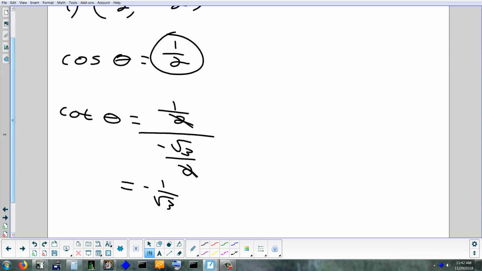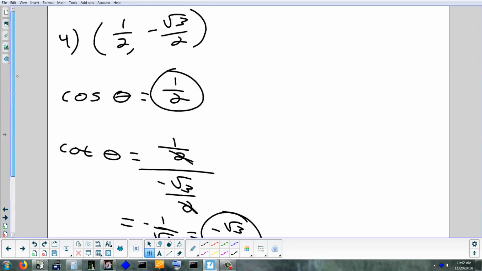Negative 1 over root 3. And what do you get when you fix that? Negative root 3 over 3. And there's your cotangent. So I'll give you a coordinate and I'll ask you for a couple of these, which ones you don't know. It could be the sine, the tangent, secant, could be any of them.